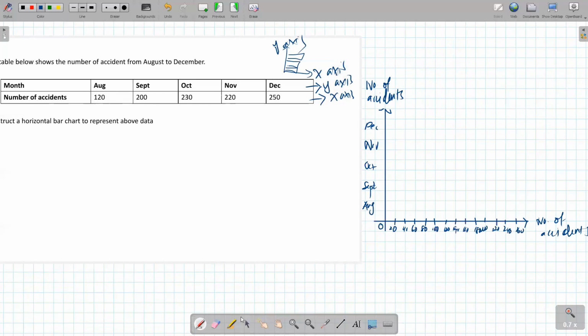In August, we have 120. So 120 over here. Then in September, we have 200. So 200.